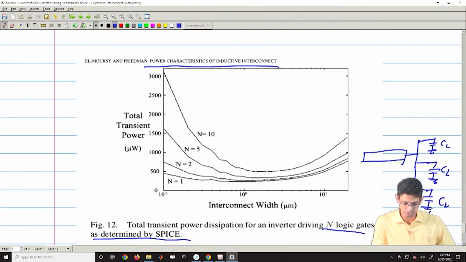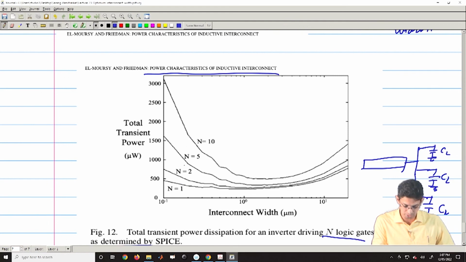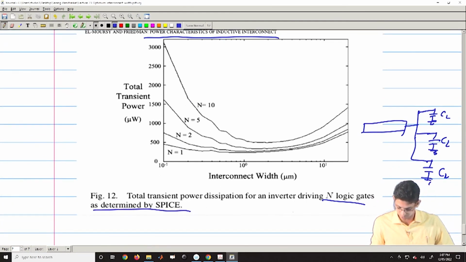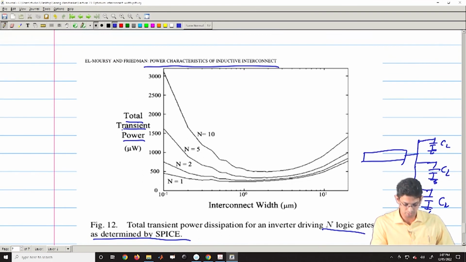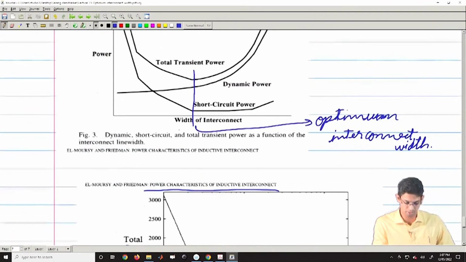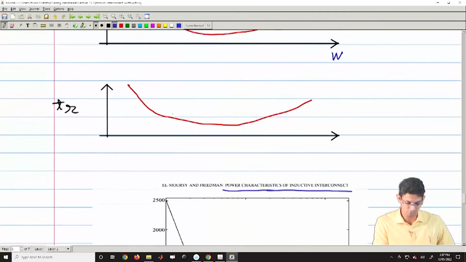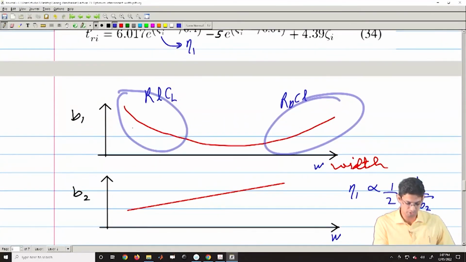So, here you can see that if you go on increasing the number of logic gates which is driven by the interconnect, this total transient power is increasing, and one of the main reasons is that when you do that, as we saw, your B1 is increasing.